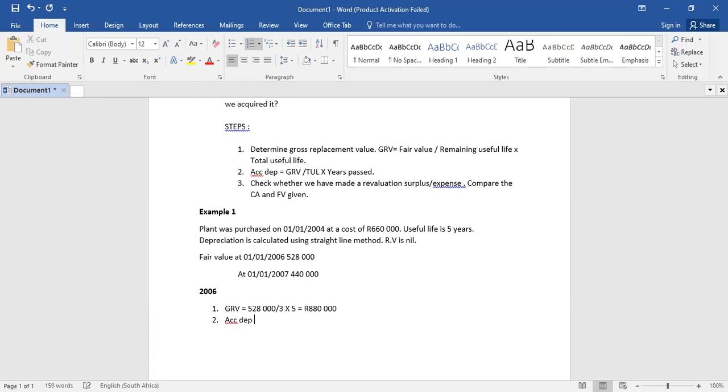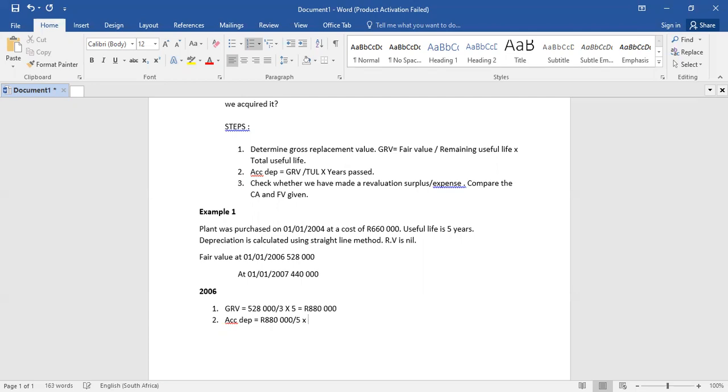Ukuthi okay, now sesiyazi ukuthi assets kwakumele silithenge ngo-880,000. Ukube sasilithenge ngo-880,000, imalini-ke accumulated depreciation engabe sinayo? Sizothola kanjani? The formula is i-GRV, which is 880,000 ekade siwubala, divided by its total useful life of 5.